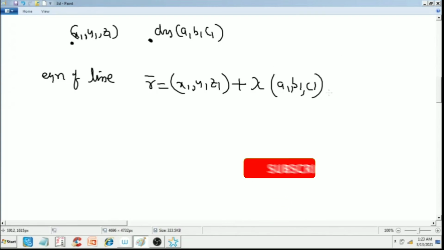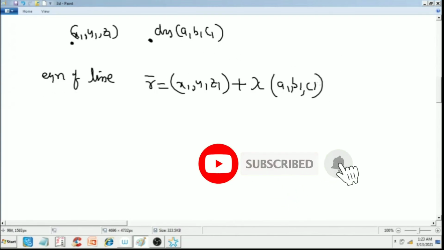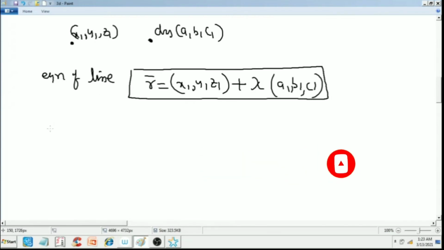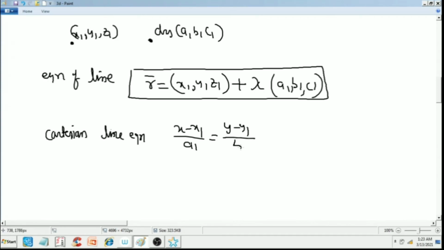This is the vector line equation. In Cartesian form, (x - x1)/a1 = (y - y1)/b1 = (z - z1)/c1, where a1, b1, c1 are the DRs.